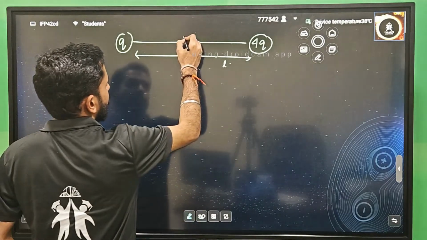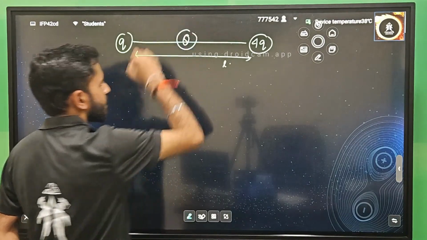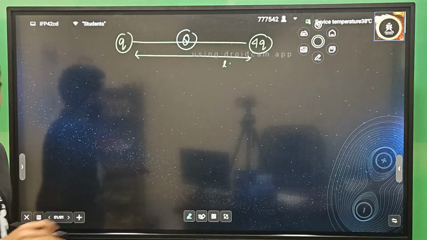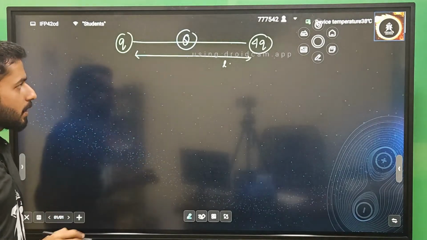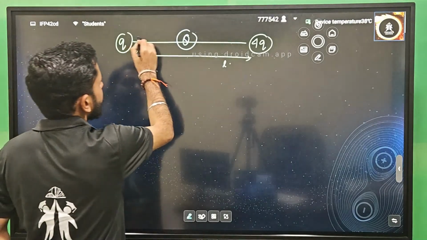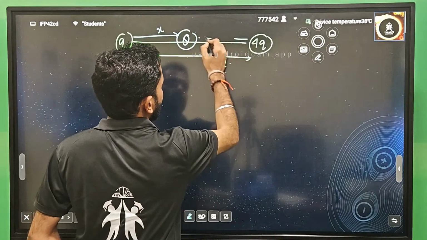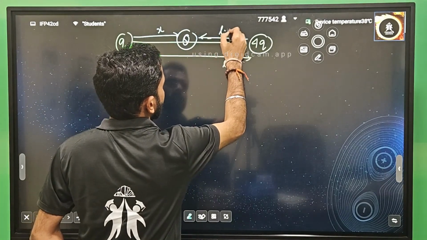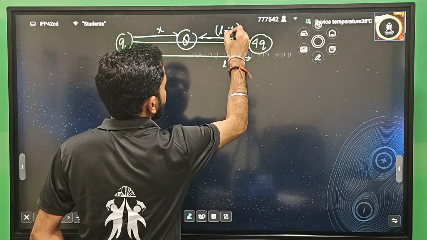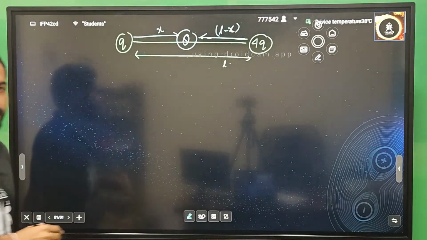I have kept a capital charge Q somewhere in between. Now this is clear why I am keeping this in between, correct? So let's assume some distance x from here. I am keeping it at distance x from here, and that means what will be this distance? I can say simply this will be L minus x, because the total length is L, correct?